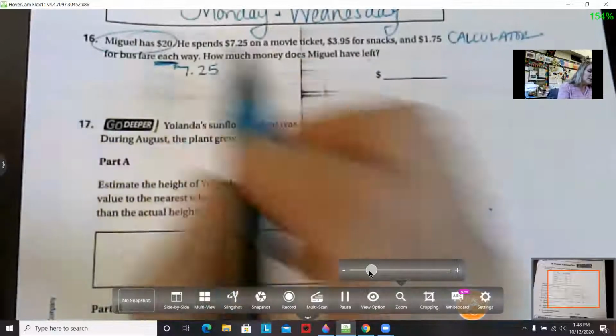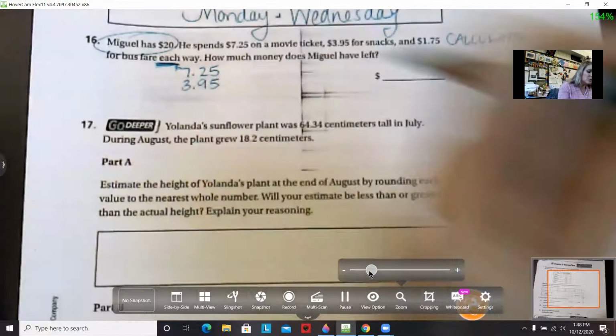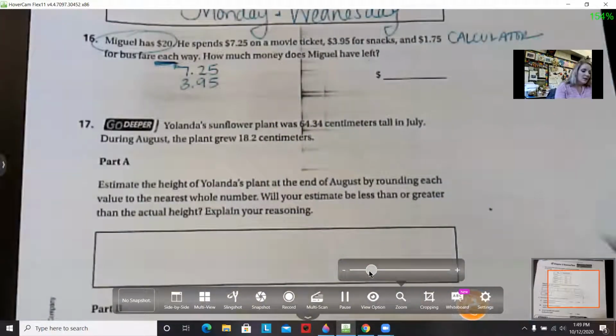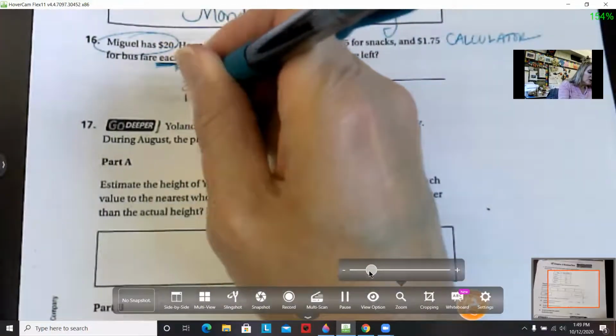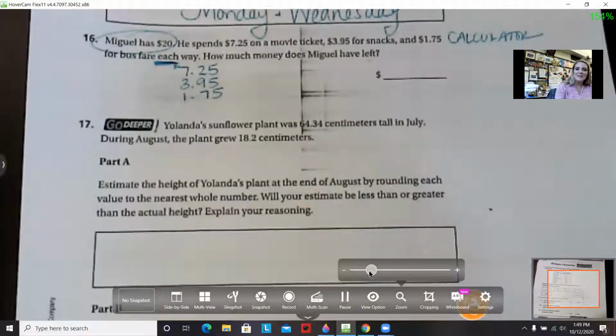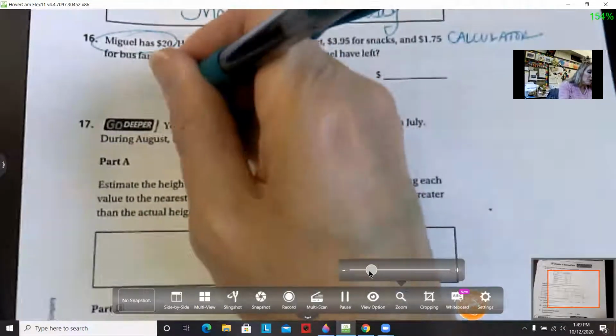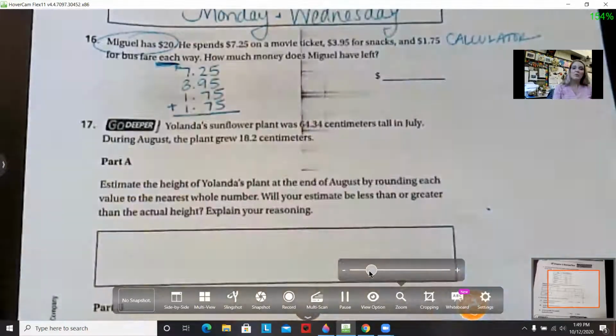We're going to take the movie ticket, add it to his snacks, which was $3.95, and bus fare to the movies, $1.75, and another $1.75 to come home. Let's add up those 4 items.